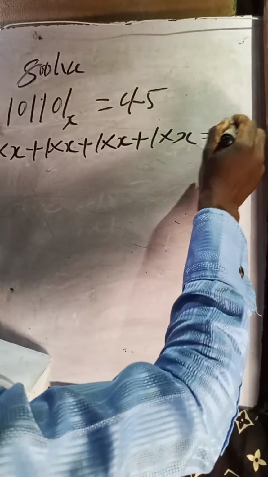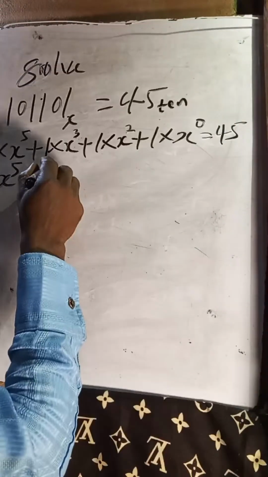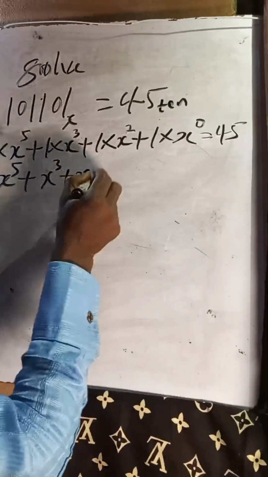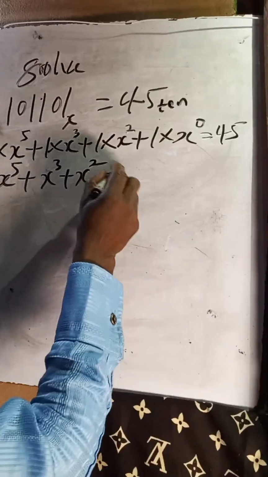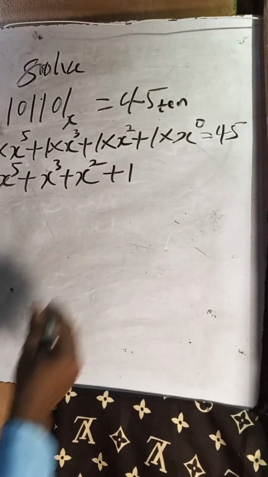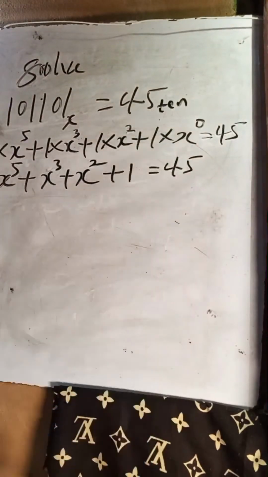This is 45, and 45 is in base 10. Let's put here x power 3 plus x power 2 plus 1 plus 1 equals to 45.